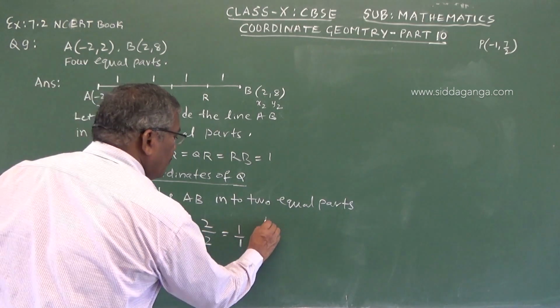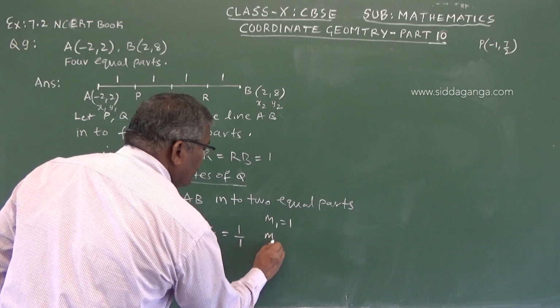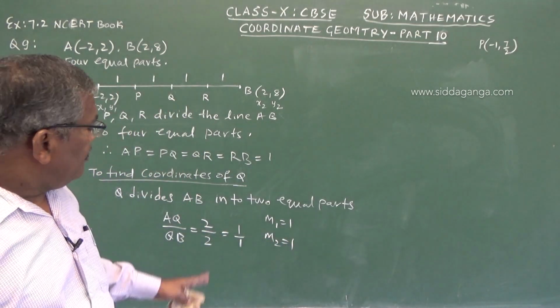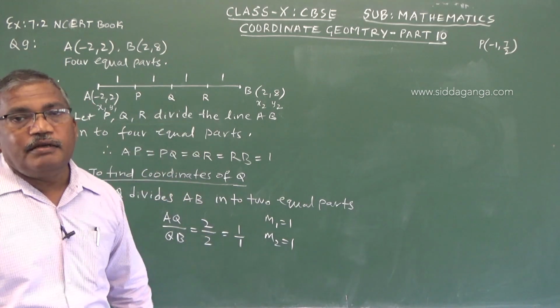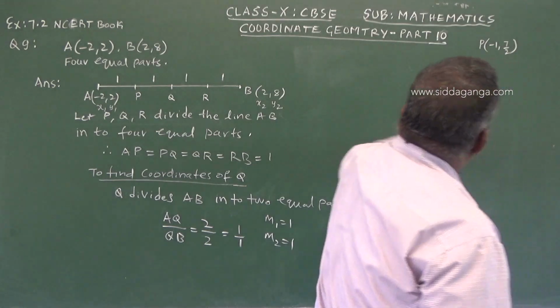So therefore M1 equals 1, M2 equals 1. When it is in the middle, we have the midpoint formula.